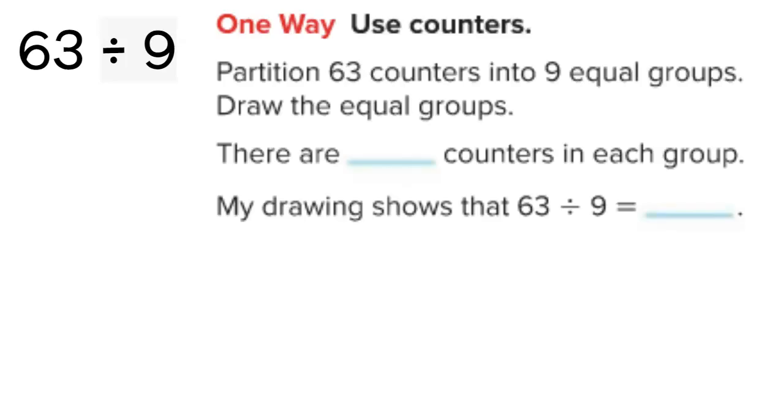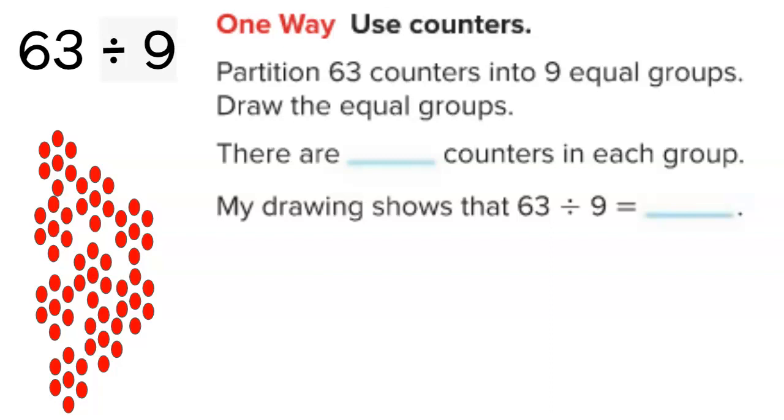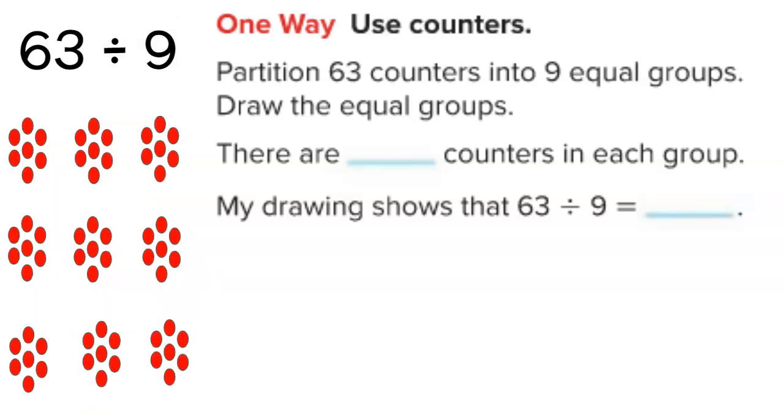One way we could solve 63 divided by 9 would be using counters. We are going to take the 63 counters and put them into 9 equal groups. If we put them into 9 equal groups, they will look like this.